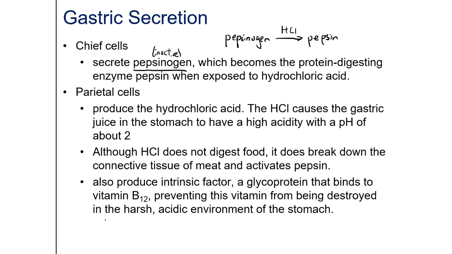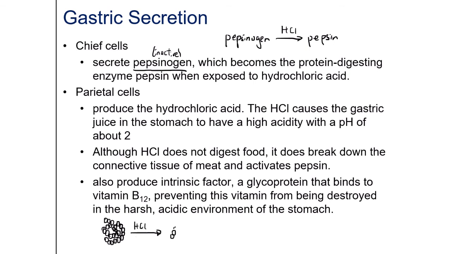When you swallow, when you ingest proteins, the proteins are going to be folded up in a ball, right? The tertiary structure, quaternary structures, whatnot, and so the hydrochloric acid produced by the parietal cells will help denature the protein.